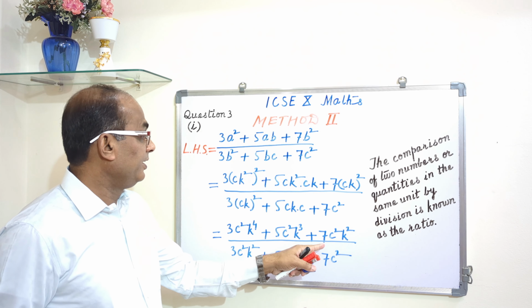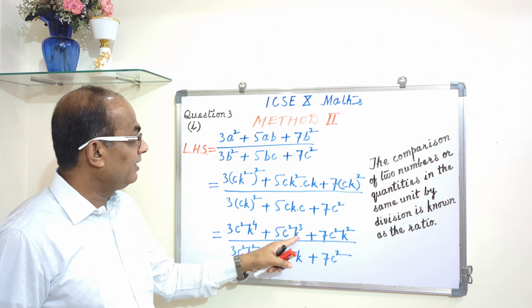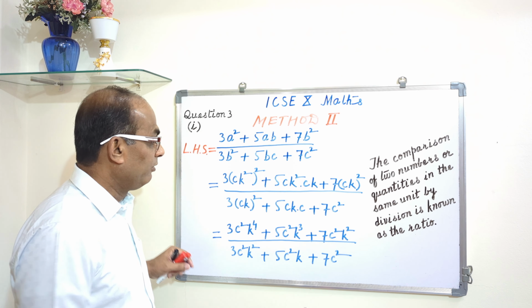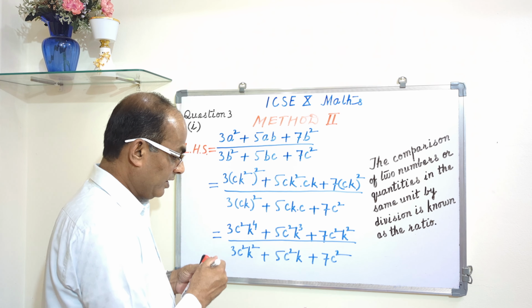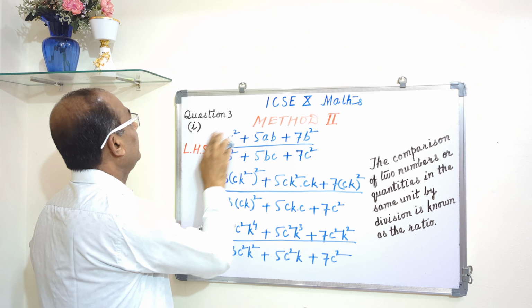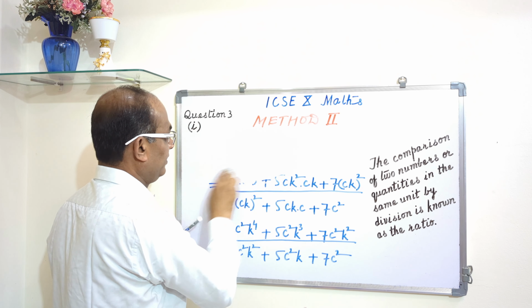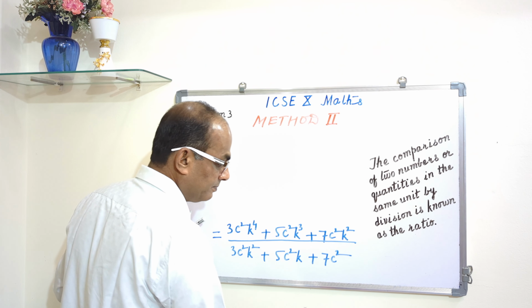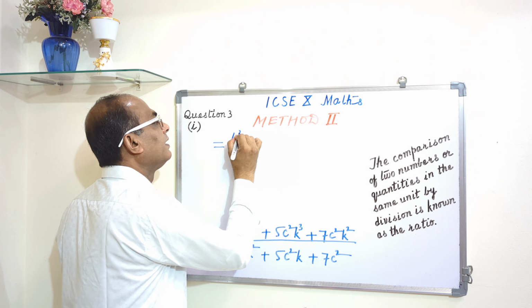Now from the numerator, k square is here, c square is here, k square is here, c square is here. So k square, c square is common. And from the denominator, c square is common. Let us take common k square, c square.